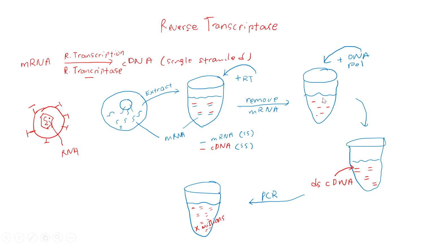Remove the mRNA, add DNA polymerase, and the double-stranded cDNA is produced by semi-conservative replication with the help of DNA polymerase. And the last step is you can follow by PCR or polymerase chain reaction to mass produce the cDNA up to millions of copies before cloning or before gene transfer activity.